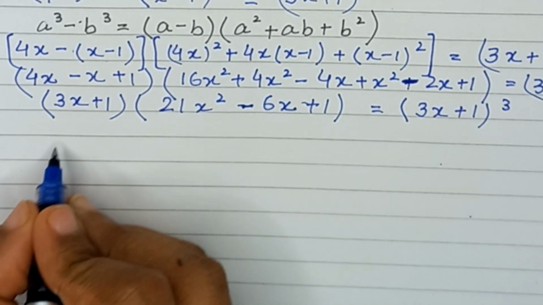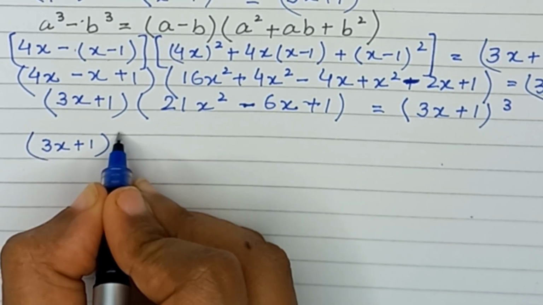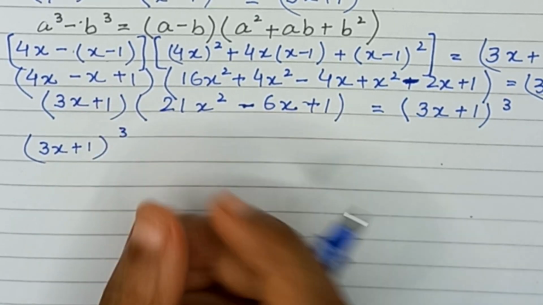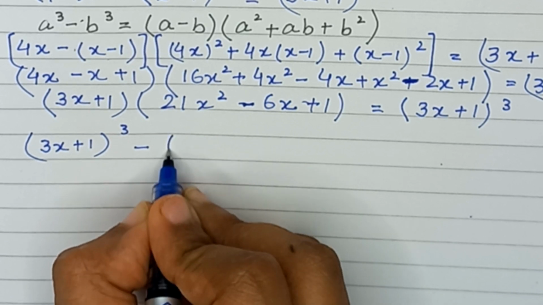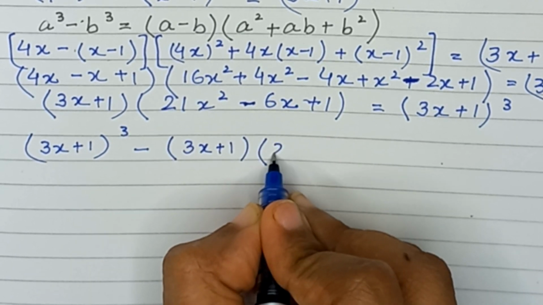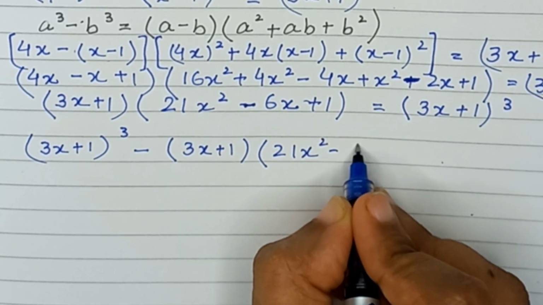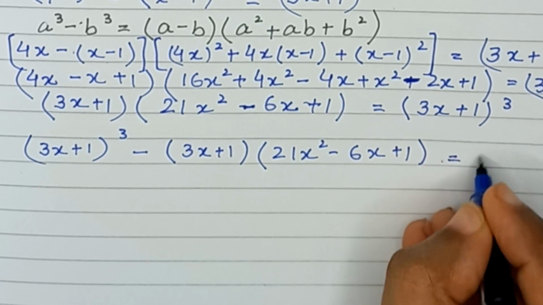And it will become negative when we change its position from the equal side. So it will become minus (3x+1)³, and the equation is (3x+1)(21x² − 6x + 1) − (3x+1)³ = 0.